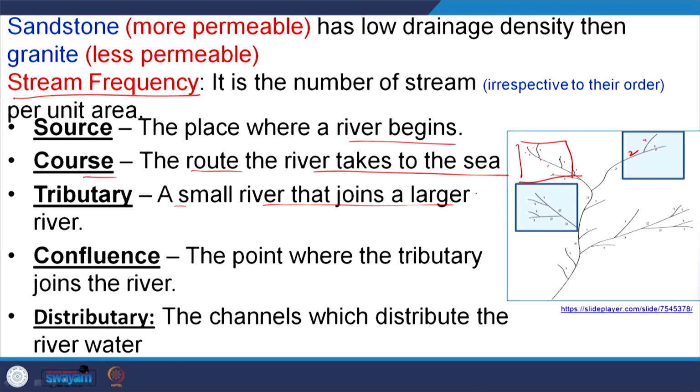In a drainage basin there are a few points where a river starts its journey to its mouth. One is the source, the place where the river begins; the course, the route the river takes to the sea; the tributaries, the small rivers that collect water; the confluence, the point where a tributary joins the river; and the distributary, the channel which distributes river water.